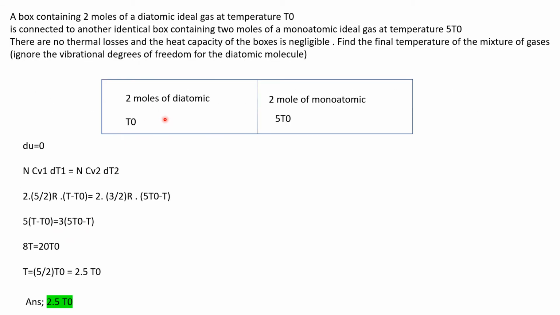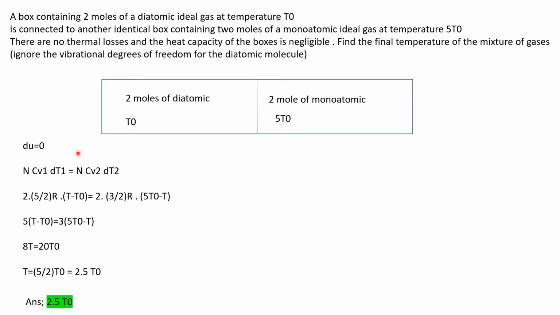And here is the solution. There are two separate boxes. In the first box there are 2 moles of diatomic molecule, and in the second box 2 moles of monoatomic molecule. In the first box the temperature is T0, whereas in the second box the temperature is 5T0. Again it has been given that there are no thermal losses, that is dU is equal to 0.